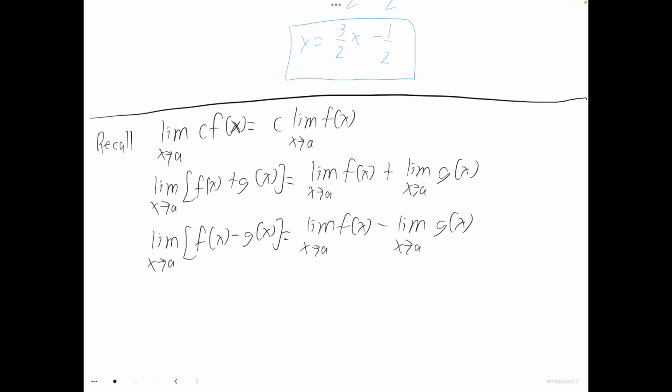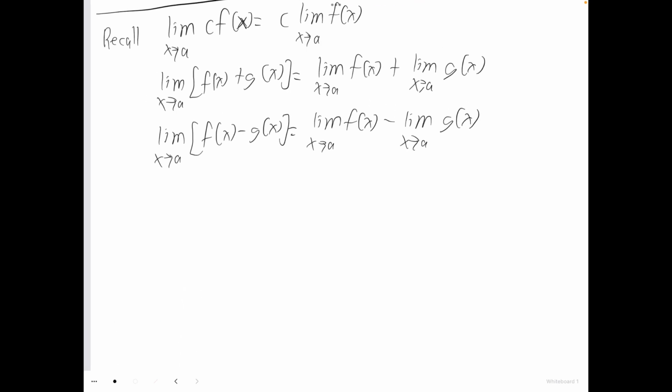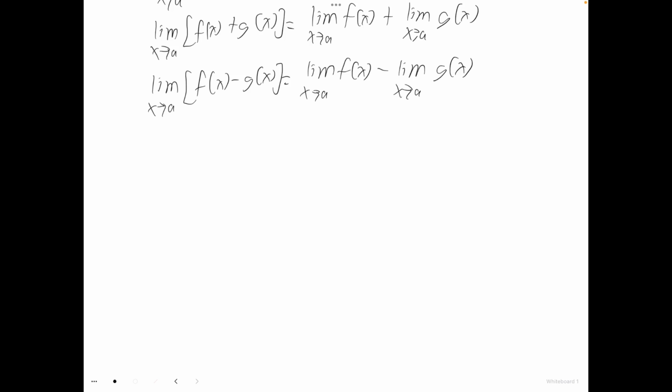And it turns out, using these three limit properties, we get very similar results for derivatives. And so we have the following theorem. If f and g are differentiable with c being a constant, then we have the following.